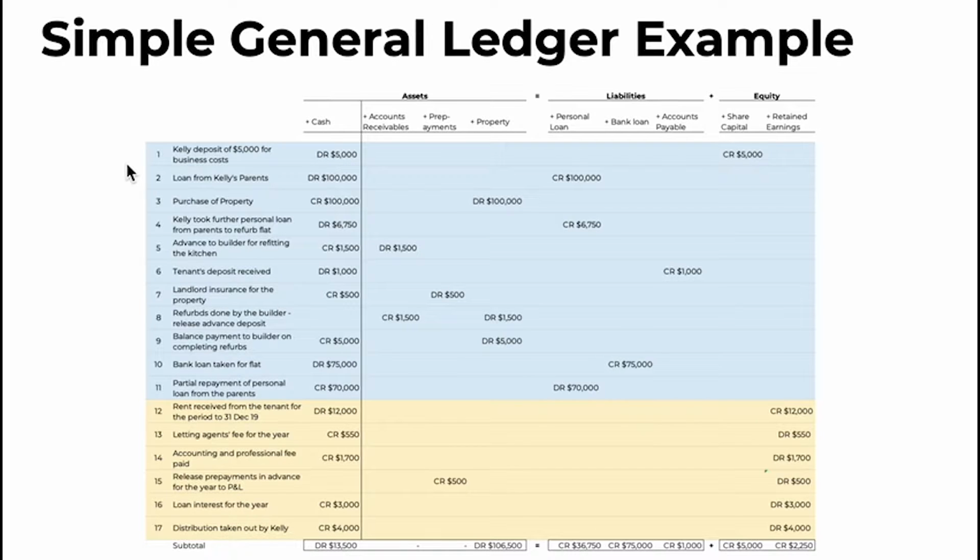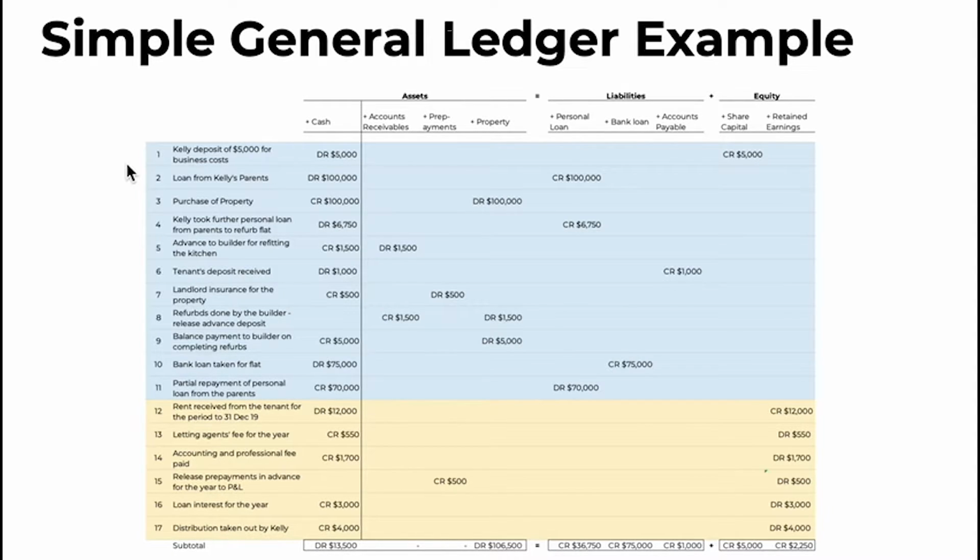So the first transaction we recorded for the business is $5,000 that Kelly has put into the business to cover the business costs. So we have taken a cash increase as a debit in the cash account, and then as she's put the money in as equity, a credit entry into the share capital account, and we know a credit entry in the equity account means it's an increase in the balance, so hence both sides of the equation being settled.